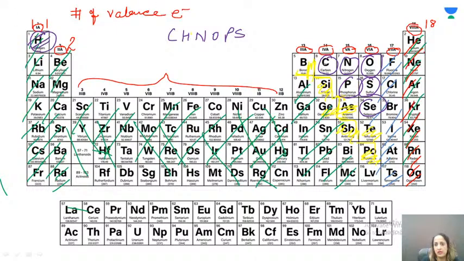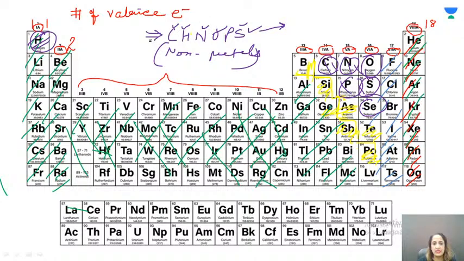So what are these? These are also non-metals, the ones which are a very important part of the human body. Okay, so all these elements are carbon, hydrogen, nitrogen, oxygen, phosphorus, sulfur. So these are very important.